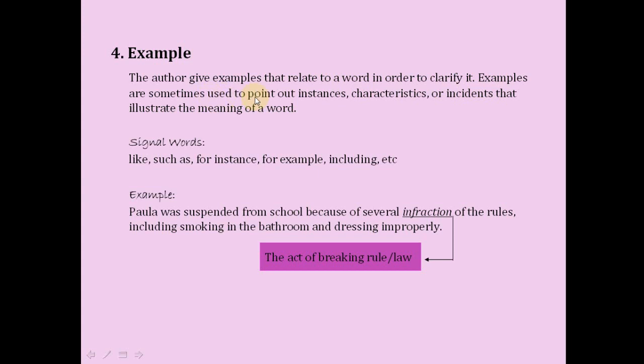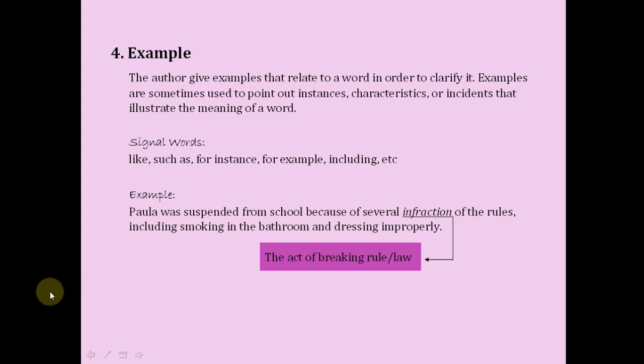Examples are sometimes used to point out instances, characteristic, or incident that illustrate the meaning of a word. Jadi dia digunakan untuk 2 points: instances, karakter, incident. Nah, signal word yang digunakan di sini ada like, such as, for instance, for example, including, and etc.